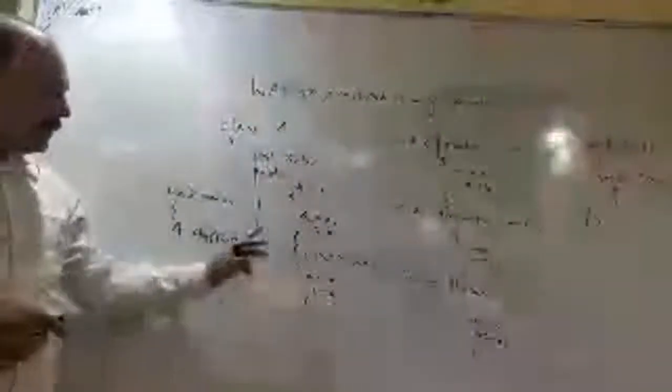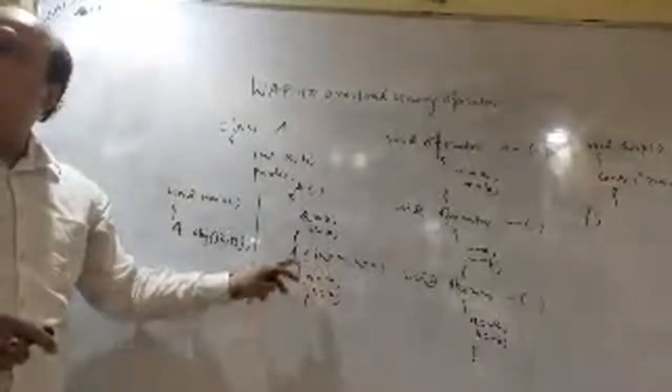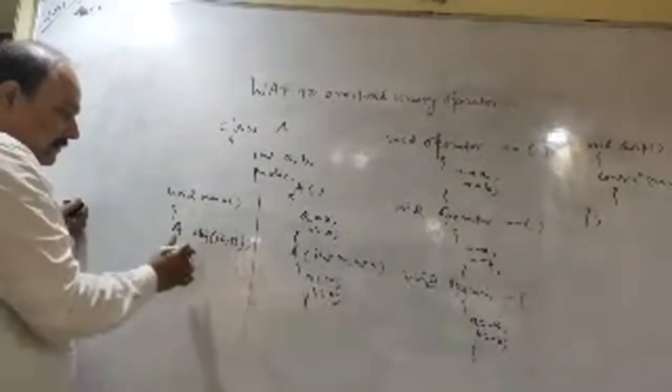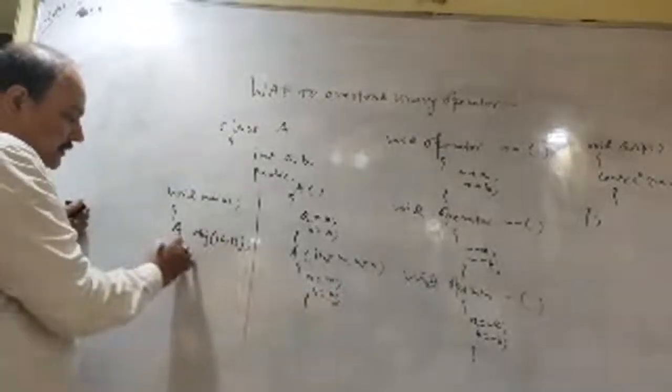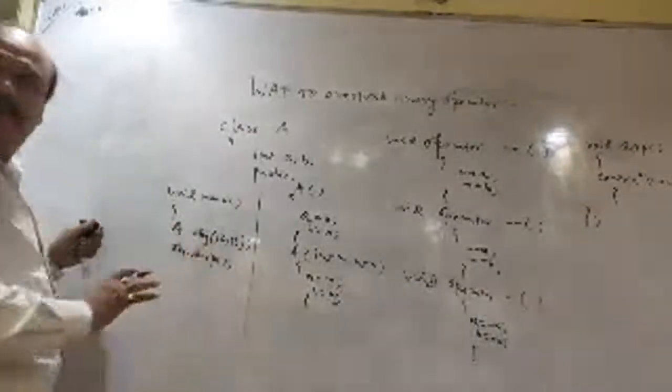So whenever you are passing 12, 13, they are assigned to m and n respectively. So m is assigned to A and n is assigned to B. That means A contains 12 and B contains 13. After declaration, when you want to see the status, you write obj dot disp.